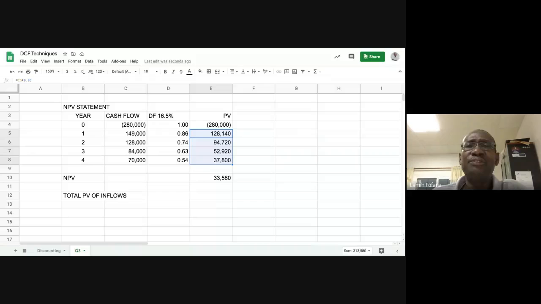But it doesn't have to be. In some situations, some of your years may have an outflow. It doesn't mean that the outflow happens only in year 1. In this case, it's only in year 0. That's the initial outlay, an outflow. The rest are inflows. So you calculate the total present value of your inflows.